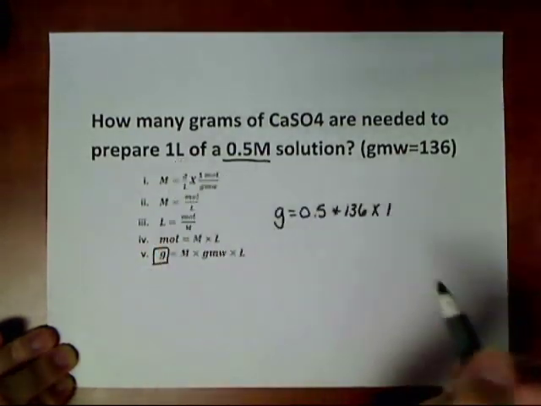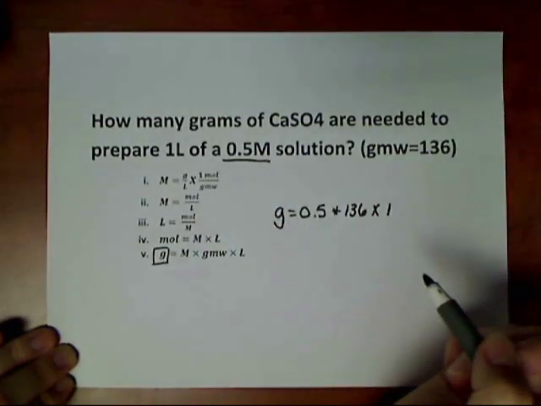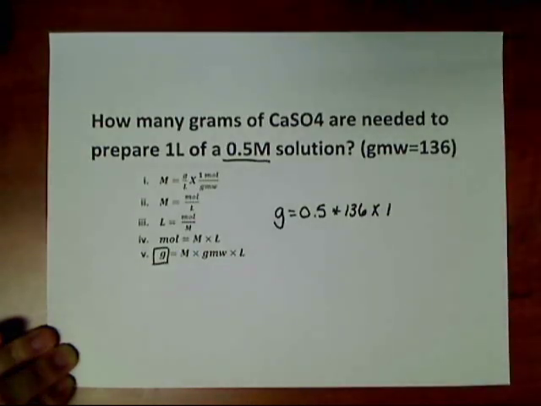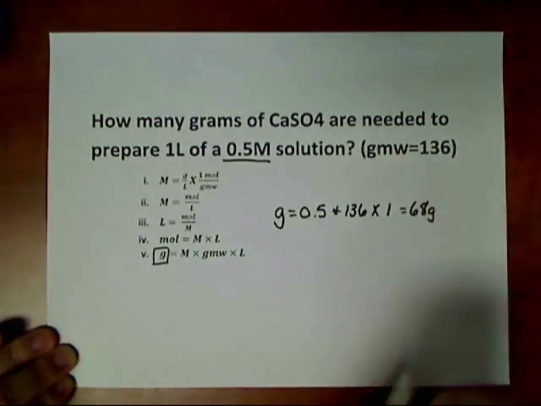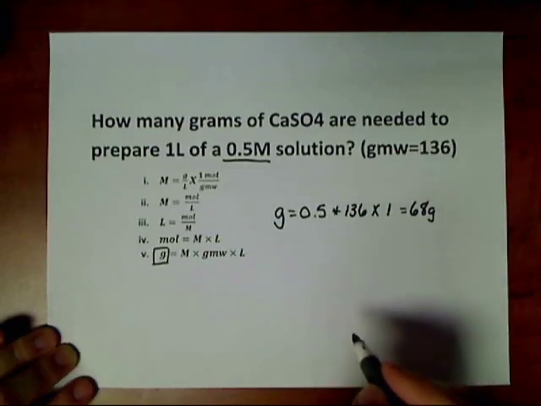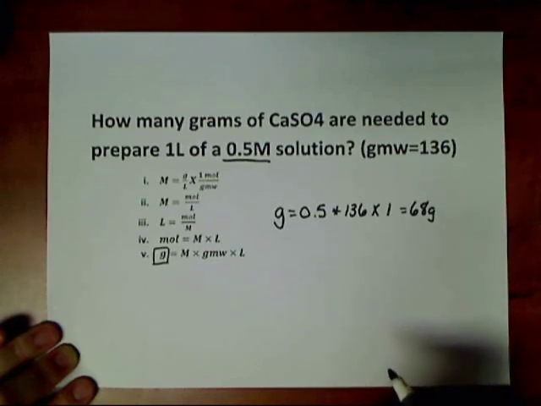Keep in mind that if this were given to you in milliliters, you would have to convert that over to liters. In this case, the problem is just giving us a liter. When you plug that in, 0.5 times 136 times 1 equals 68 grams. You would put the 68 grams into a flask, then fill it up to the 1 liter mark with water and mix.